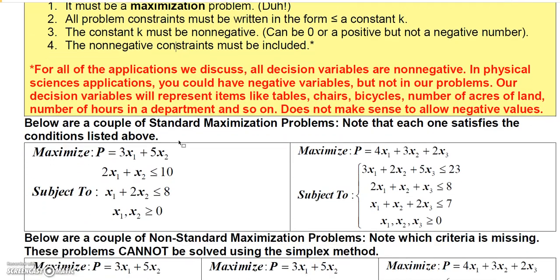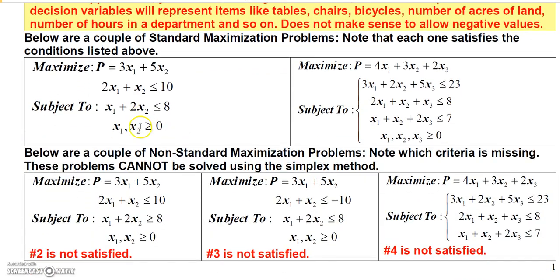So here are two problems that fit the form where we could solve using the simplex method. Notice in this problem you're maximizing, and you have less than or equal to constraints, and they're less than or equal to non-negative numbers. So 10 and 8 are both non-negative numbers. And last, you do have your non-negative constraints here.